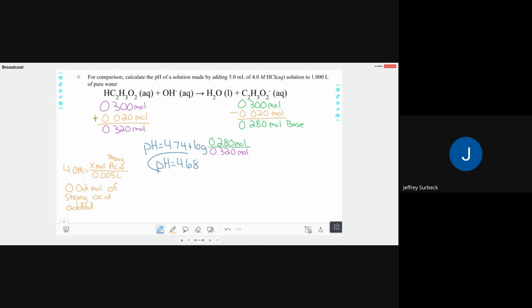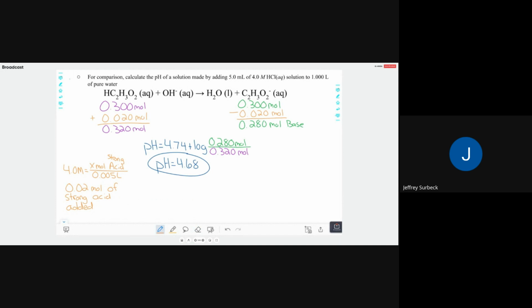Again, we added acid, so does it make sense that the pH got lower? That's kind of our double check. With buffers, the pH is not going to change much. Any questions on any of this info here?